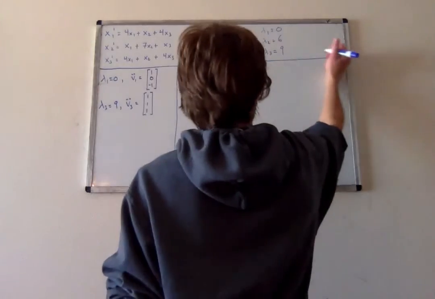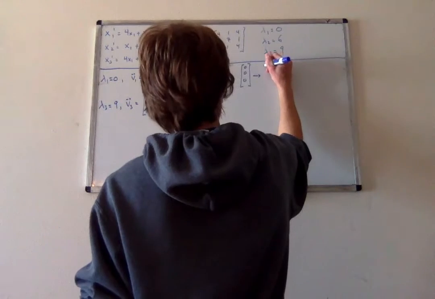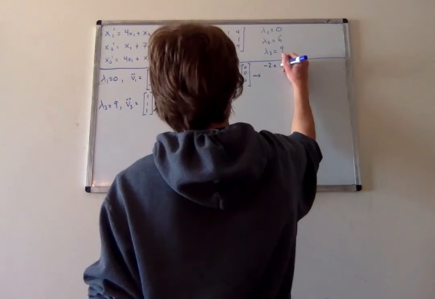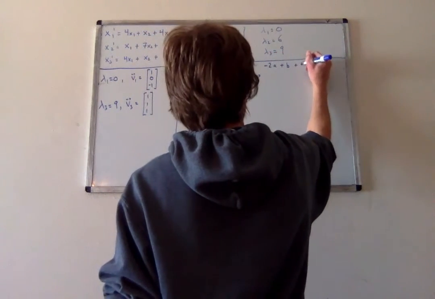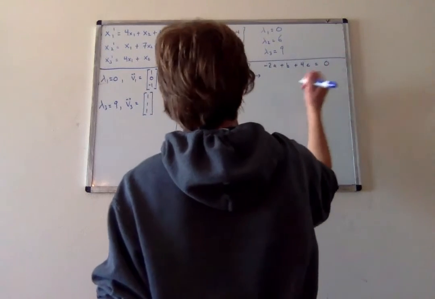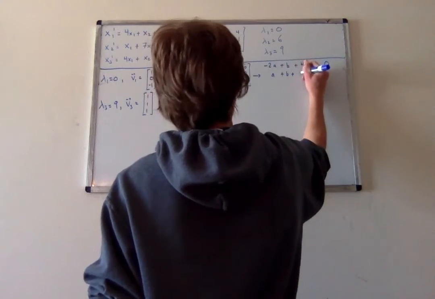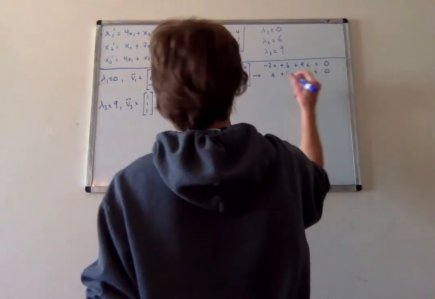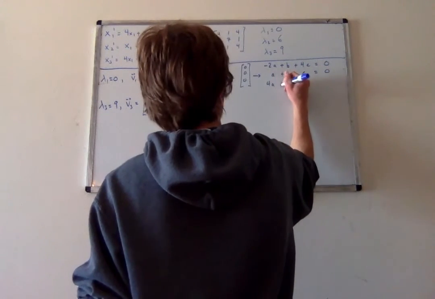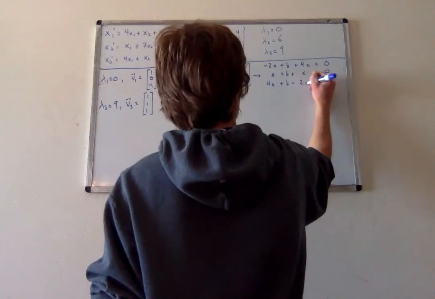Maybe a slightly nicer way of looking at it: -2a plus b plus 4c is equal to 0. a plus b plus c is equal to 0. 4a plus b minus 2c is equal to 0.